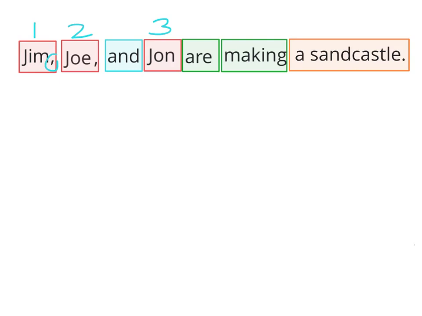We put a comma after Jim, a comma after Joe, the word and then the last subject, John. So this sentence now has 3 subjects in it. We call that a compound subject. And it's also a list or a series. So we have comma, comma, and.